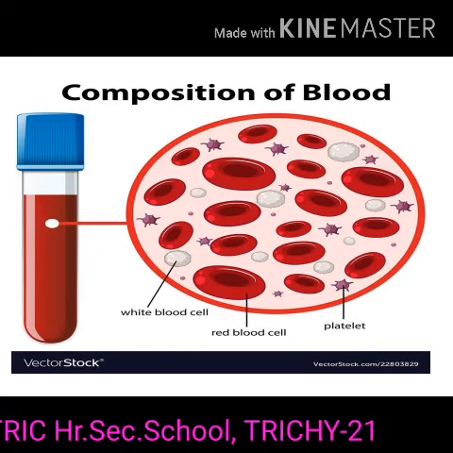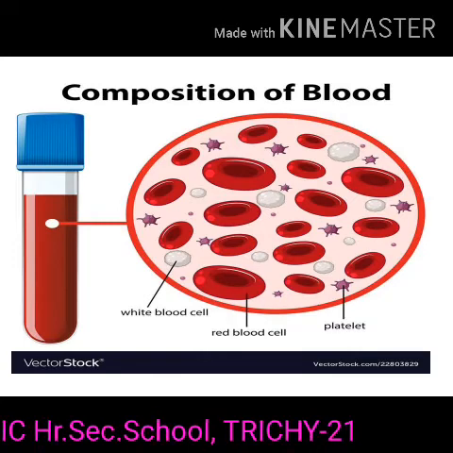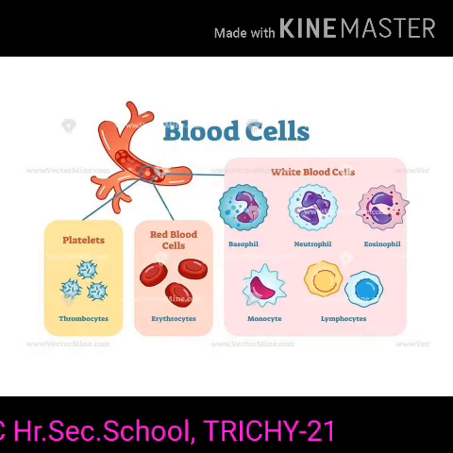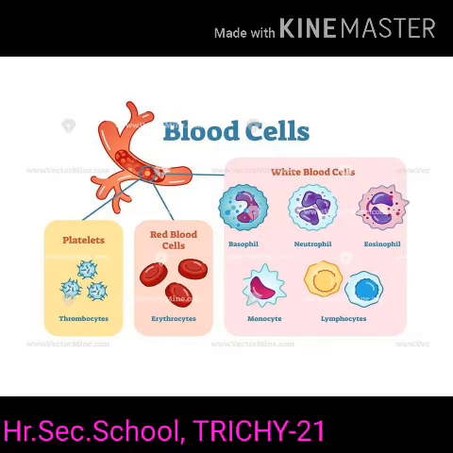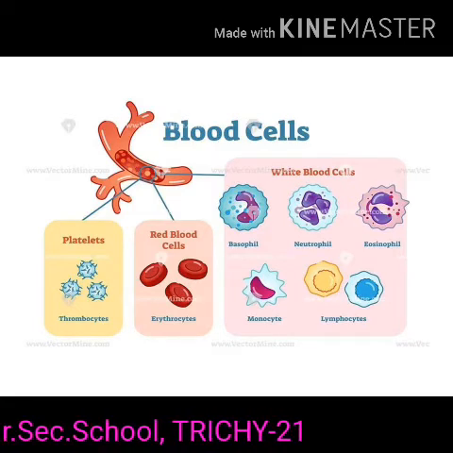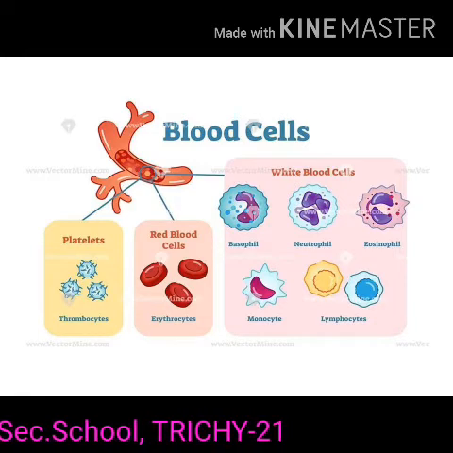Blood. Blood contains corpuscles, which are red blood cells, otherwise called erythrocytes, white blood cells, leukocytes, and platelets.